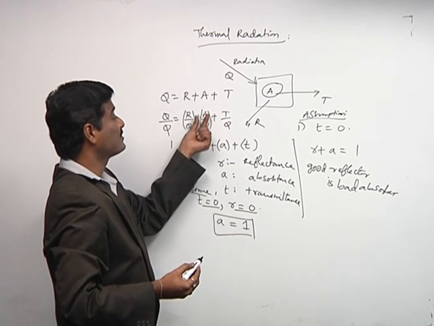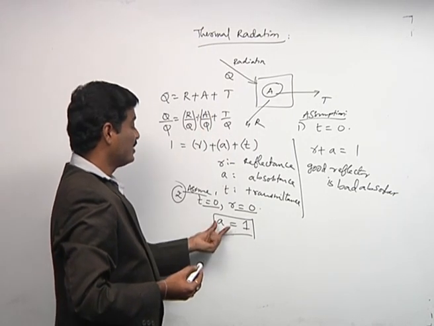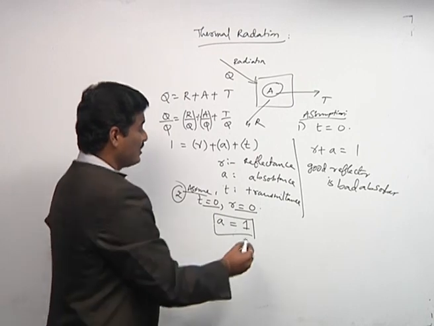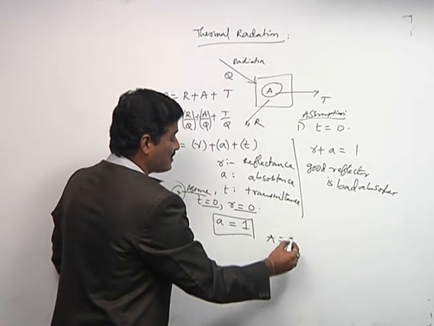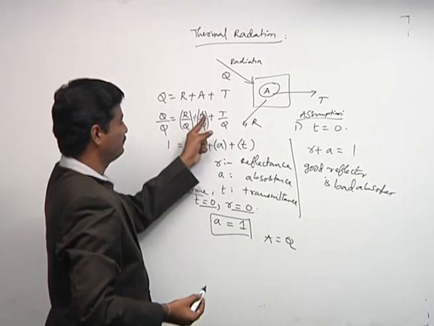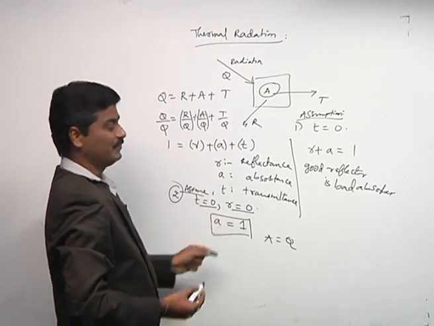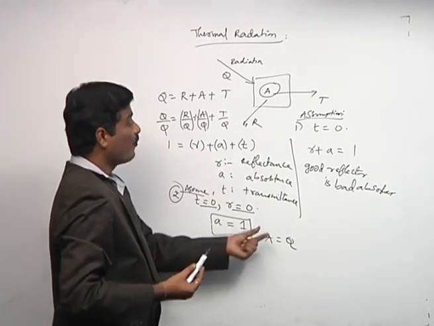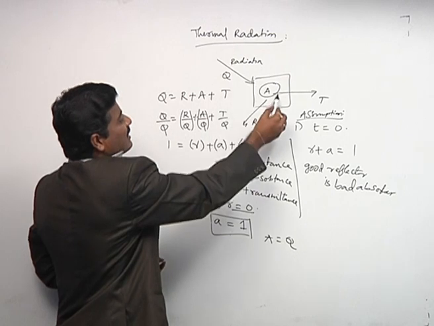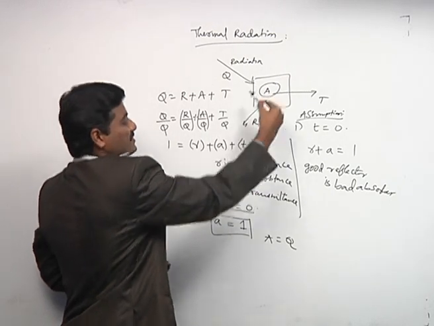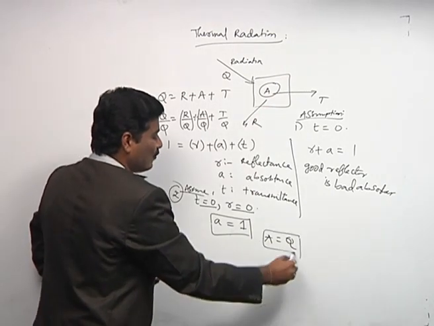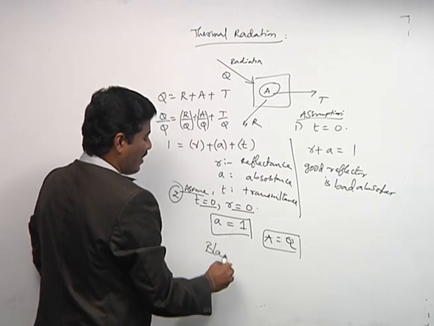It is the ratio of the absorbed energy to the incident energy. That means if A is equal to 1, whatever energy is incident on this body can be completely absorbed. This is the body we are going to discuss now: the black body.